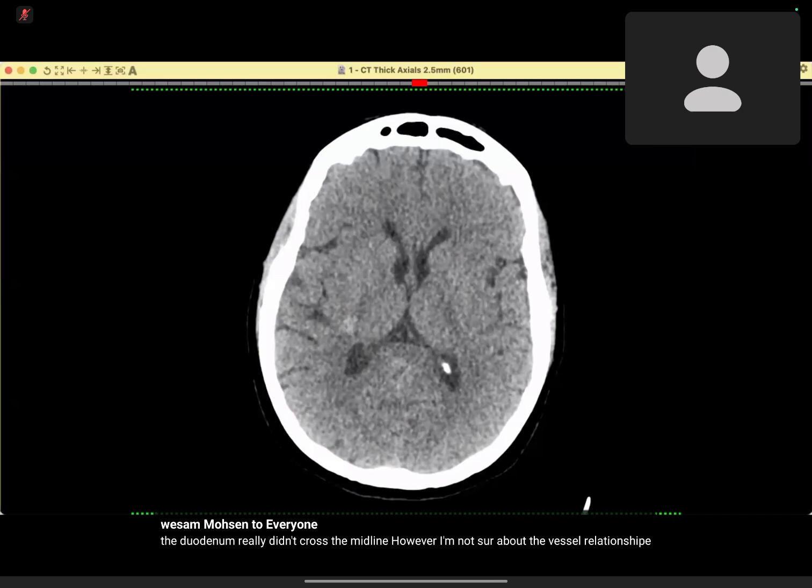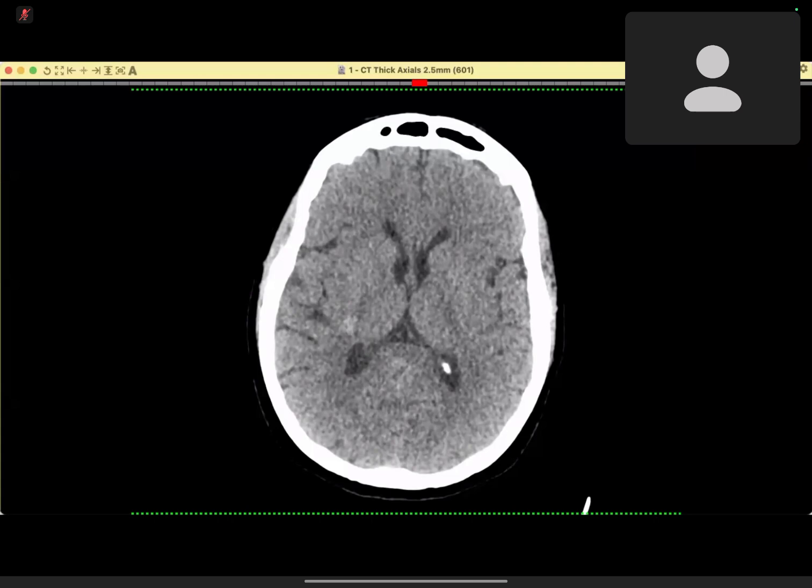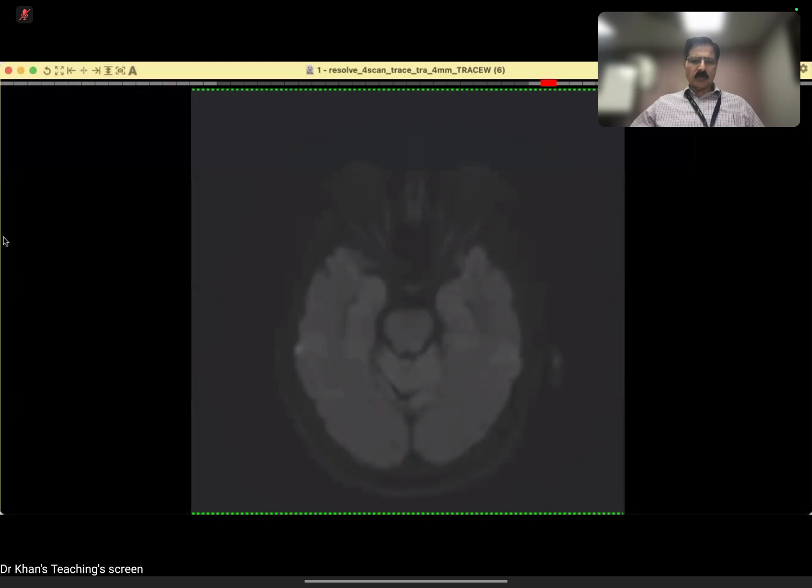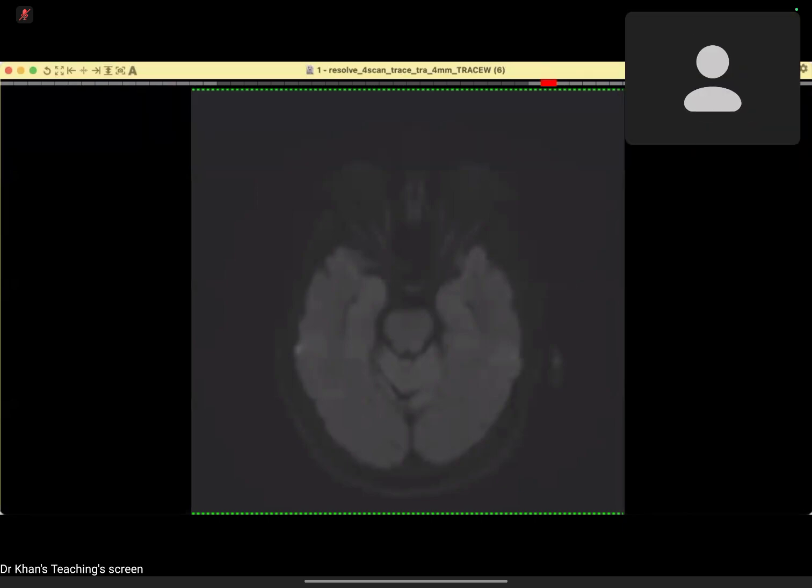Other differentials? What will you do? For confirmation, I will ask for MRI to see if there are signs of surrounding hemosiderosis and a mulberry-like mass lesion. Which sequence would you like to see on MR? I will start with T2 sequence.